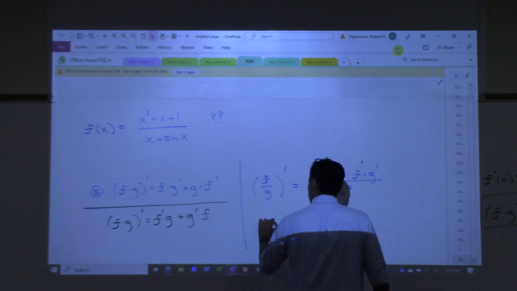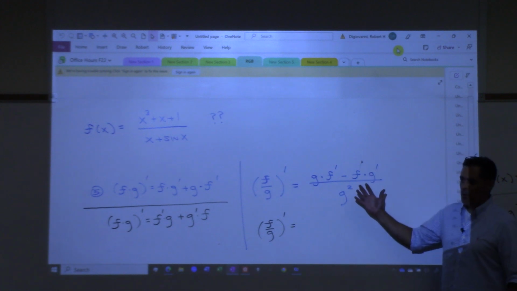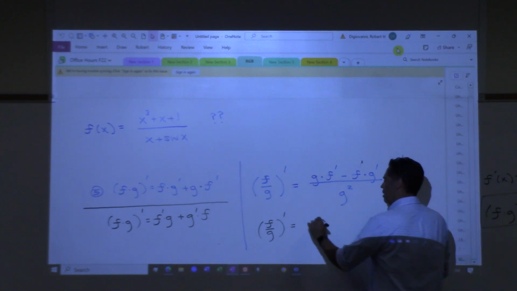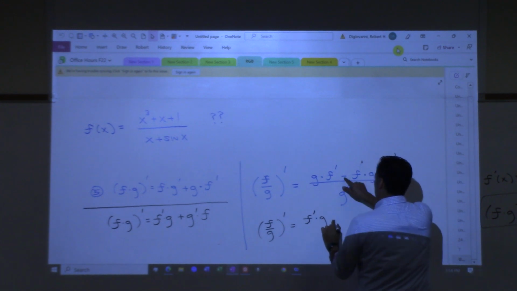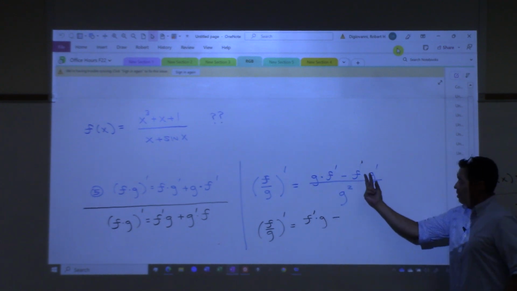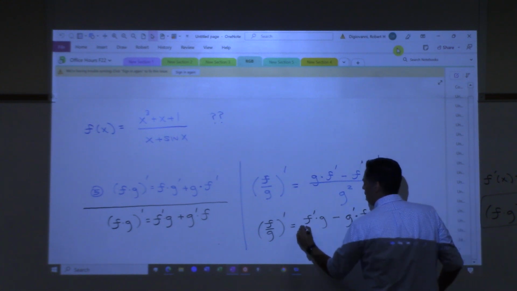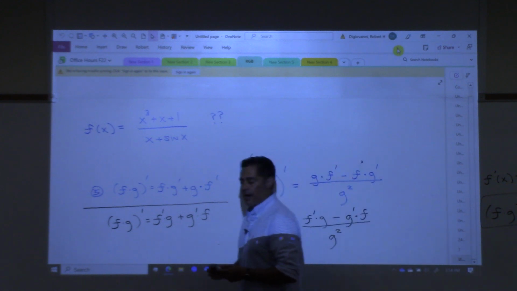My version of this is f over g, take the derivative. That's the book's formula. All I do is flip those two around. What would happen if I flip those two around? f prime times g, then minus, I'm going to flip those around, g prime times f, and then all of that over g squared. That's my formula that I like to use.